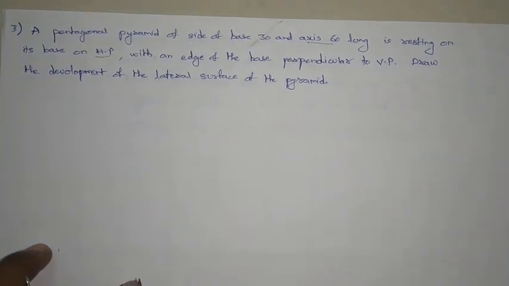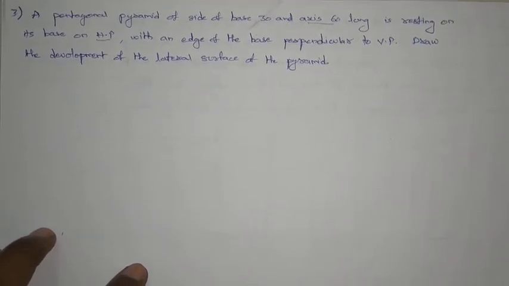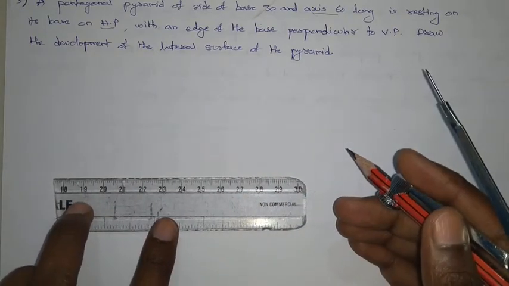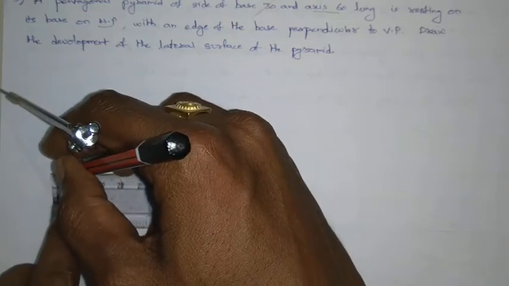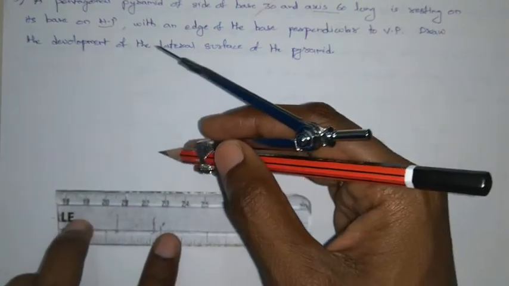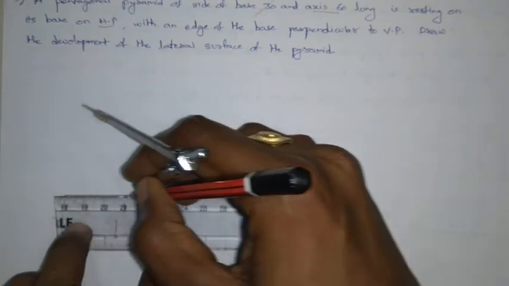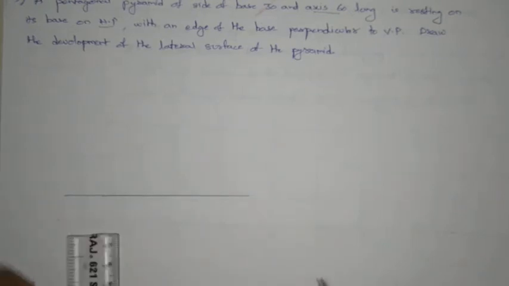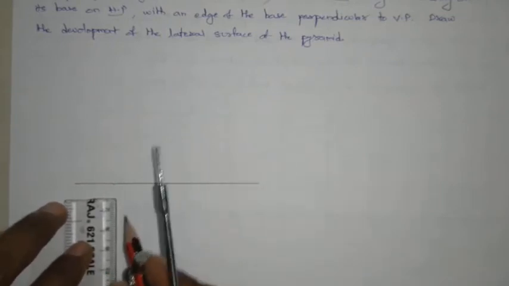Okay, so first I am going to draw the XY line. Symbol below I am going to draw. Okay. Now, so out of 5 sides, one base side is perpendicular to VP.